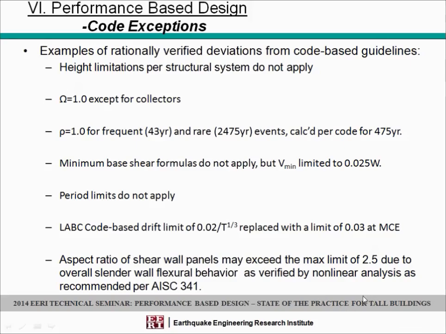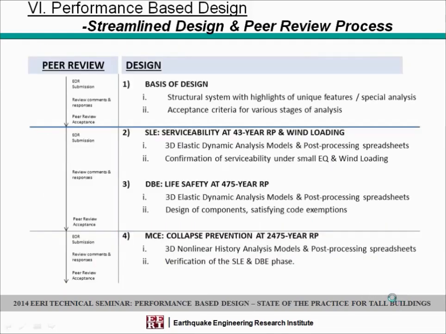The aspect ratio of the shear wall panels may exceed the maximum. I'm talking about the panel itself. There was code limits about 2.5% of the panel aspect ratio, and due to overall slender wall flexural behavior verified by the nonlinear analysis as recommended by AISC 341, we were given exemptions from that, or we took exception.